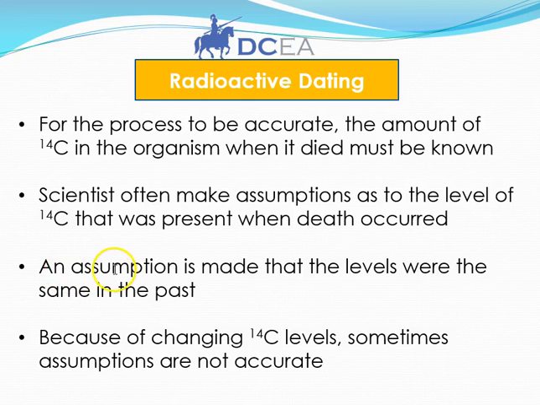It's always an assumption that's made that certain levels were available in the past. Because of changing carbon-14 levels, sometimes assumptions are not accurate. So even if the original assumption was true, the levels change all the time. So it may not be true.